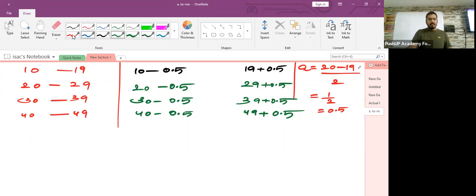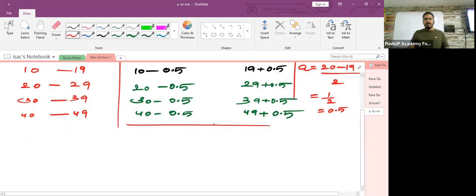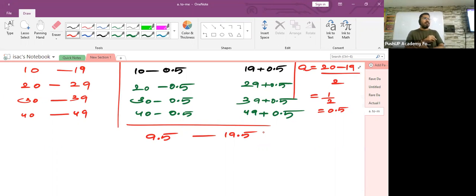Now let's write the final answer. 10 minus 0.5 is 9.5. Dash, 19 plus 0.5 is 19.5. So the first class interval got converted from 10 to 19 as 9.5 to 19.5. Easy? All right.